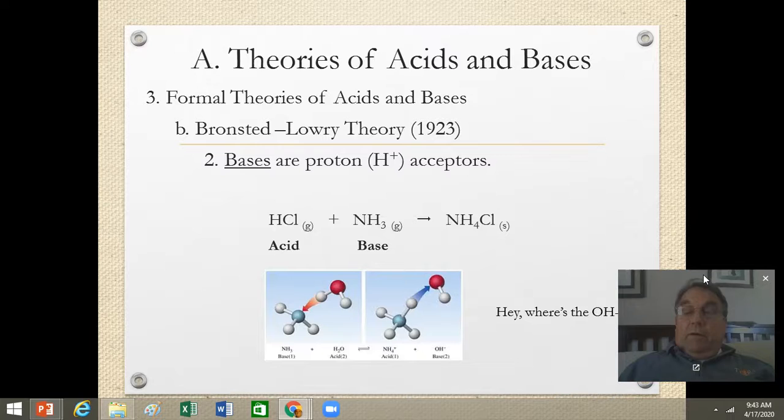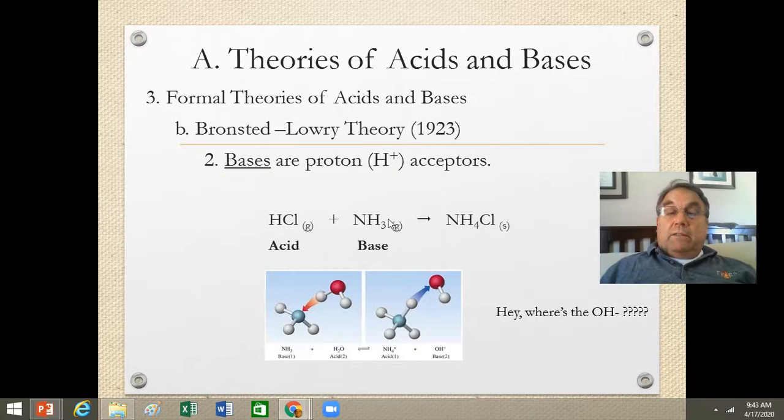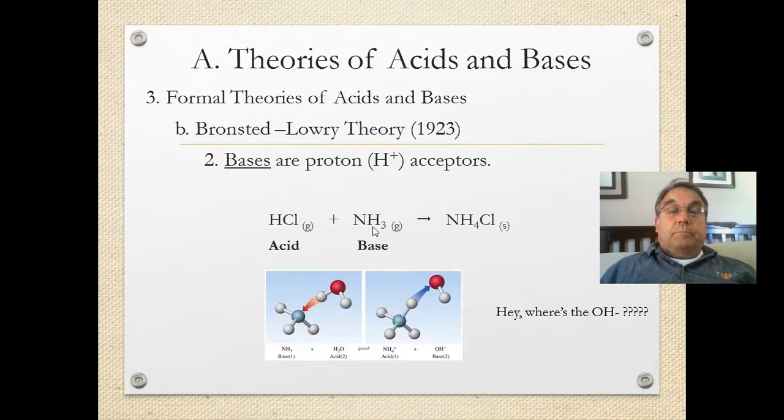Now, if you notice, there's no hydroxide. So how could this be a base? Well, according to Arrhenius, it wouldn't be, but according to Bronsted-Lowry, it is, because it's a proton acceptor. So OH ions are great proton acceptors, but other things can also accept protons.